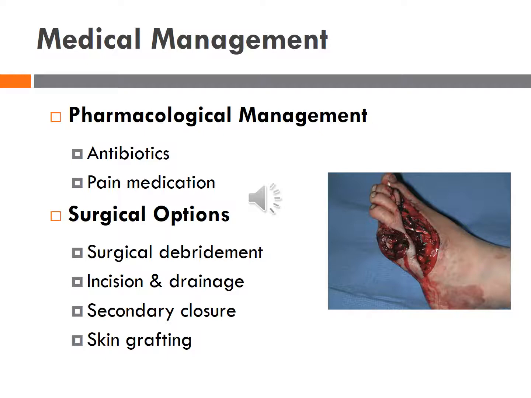Secondary closure: if you remember back to week 1 talking about closure of wounds, secondary closure is leaving it open for a while and then closing it after that. Some traumatic wounds may require skin grafting to get quick coverage, depending on the location of the wound and to prevent further injury, loss of function, things like that.